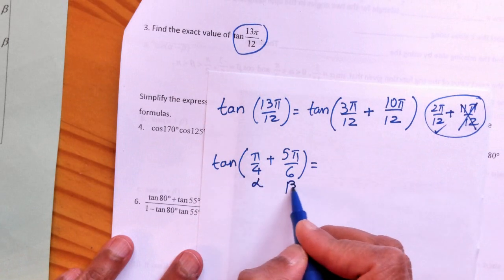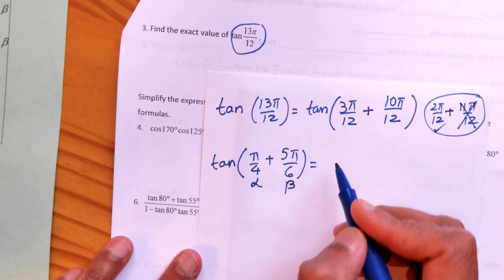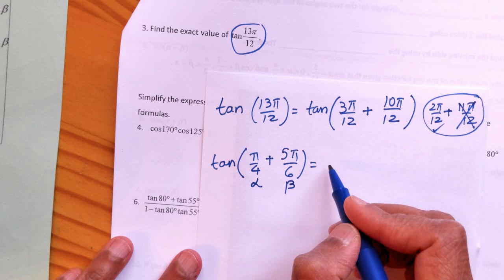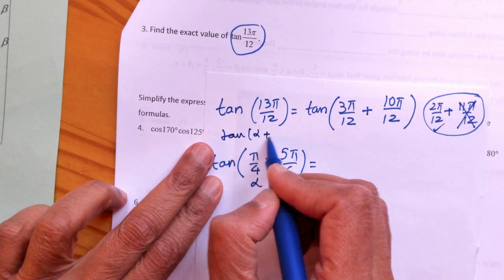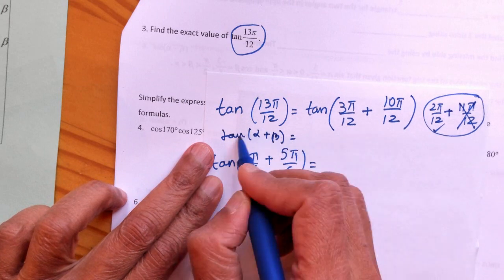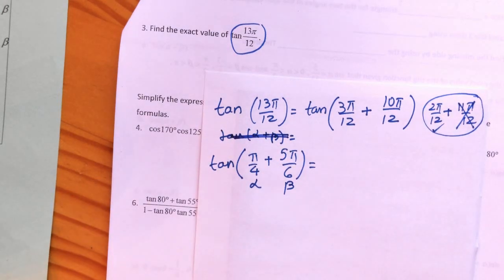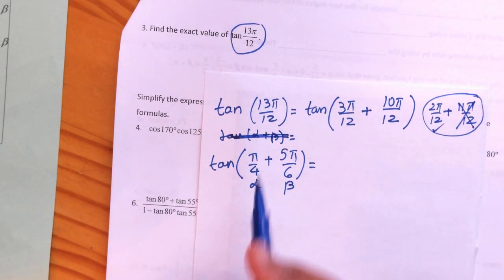So this is my alpha, this is my beta. Let's go ahead and write down our formula for tan alpha plus beta. Okay, let's just look at the formula sheet. Sorry, I'm running out of space here. I should have written it above.